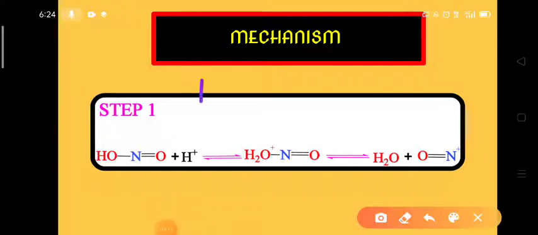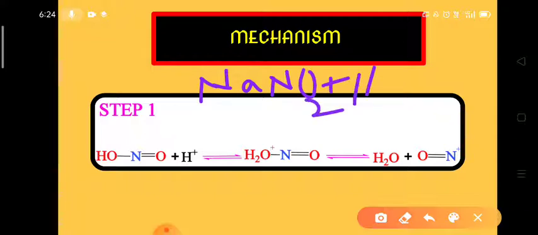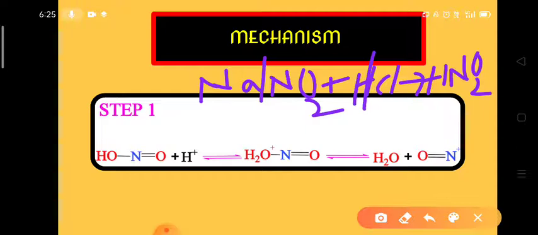In the first step, sodium nitrite reacts with HCl and forms the nitrous acid like this. Here the exchange of ions takes place and we get the nitrous acid and NaCl.